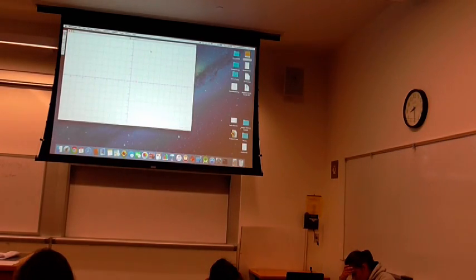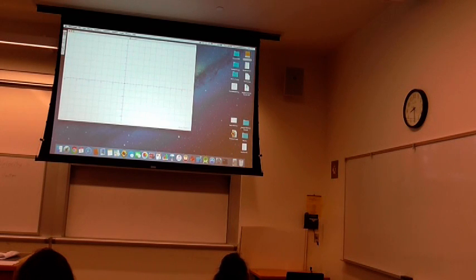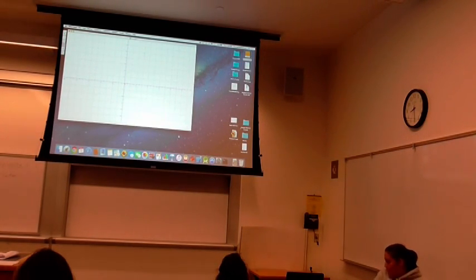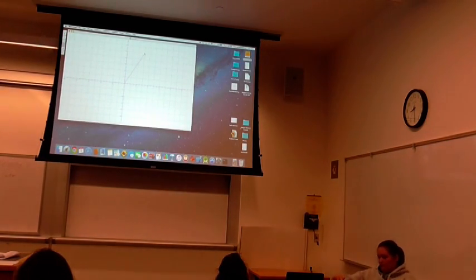Okay, so here is that point 3, 5, and here's 0, 0. So I'm going to draw that vector. And then just put a little arrow on here.